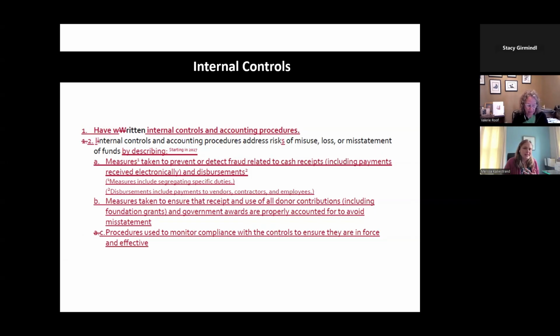I think many organizations really struggled with that and gave us lots of feedback over the years that it's confusing. Can you just please tell us what you want? And then we can create internal controls around that.